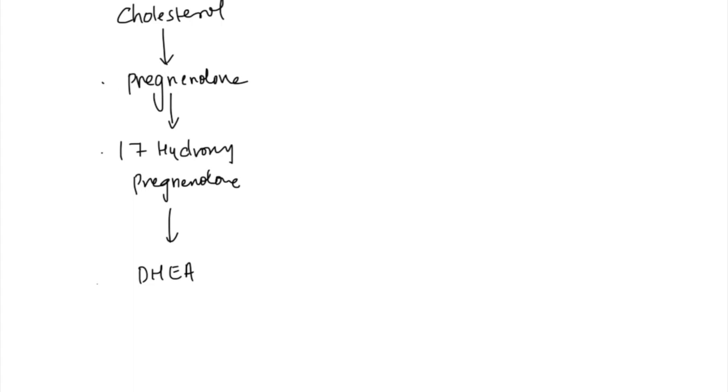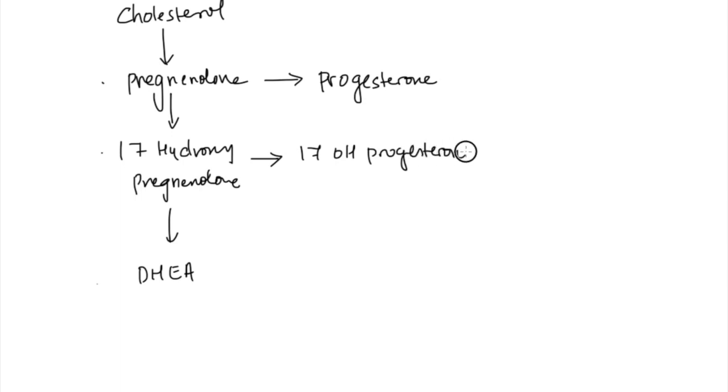Now this is the backbone. Now we're going to see the horizontal part of the table. Pregnenolone will get converted into progesterone. Similarly, this will get converted into 17-hydroxyprogesterone. Simple.